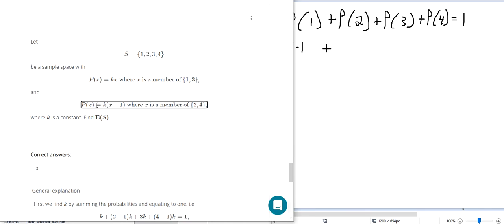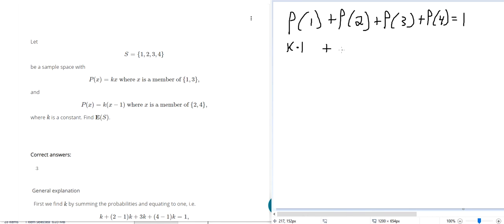The probability of getting a 2 means we're supposed to use this formula down here because 2 is a member of this set over here. So this is going to be k times 2 minus 1. And getting a 3, that's the top set, so that's k times 3. And then getting a 4, that's the bottom set, so this is k times 4 minus 1.